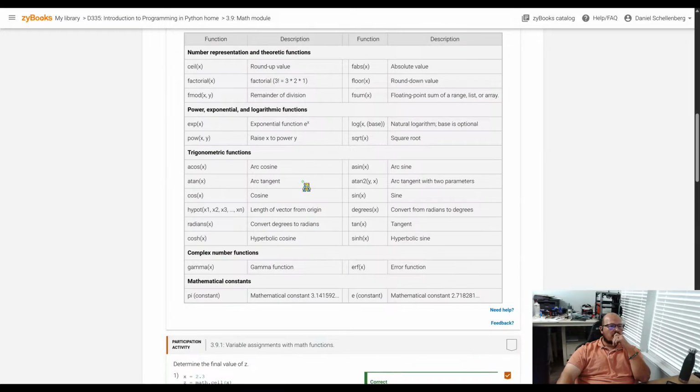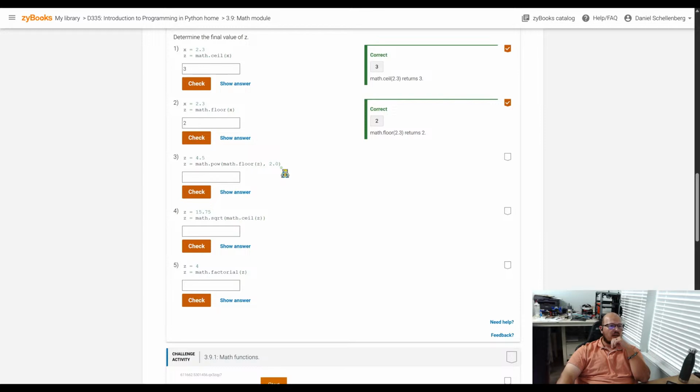So raise x to the power of y. So this is saying 4 to the power of 2, right? I think that is 2, right? Oh, it's 4? Oh, because it's 2 times 2, so it's 4. Yeah, my bad.